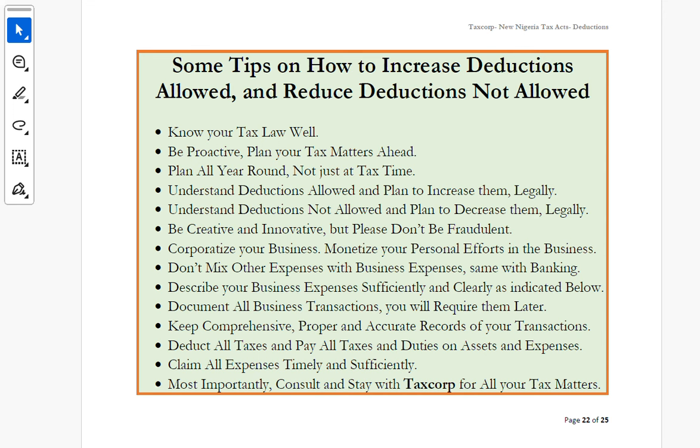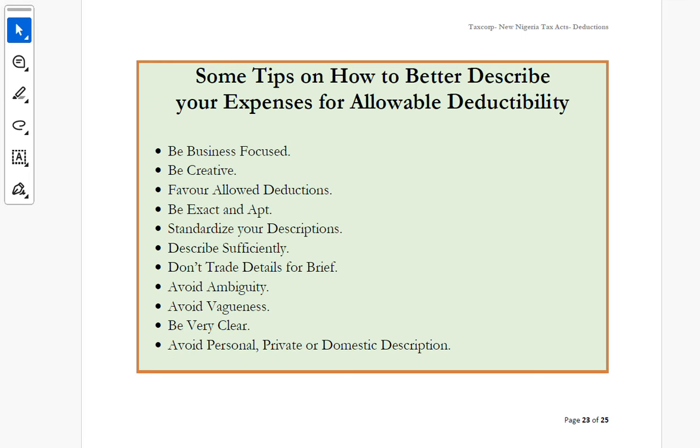Document all business transactions. You will require them later on. Keep comprehensive, proper, and accurate records of your transactions. Deduct all taxes and pay all taxes and duties on assets and expenses. If you don't, the tax office will not allow those expenses. Claim all expenses timely and sufficiently. Most importantly, please consult and stay with Tax Corp for all your tax matters.